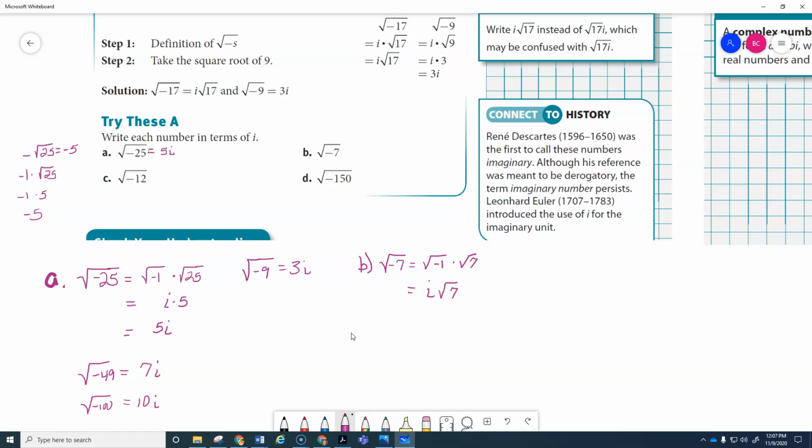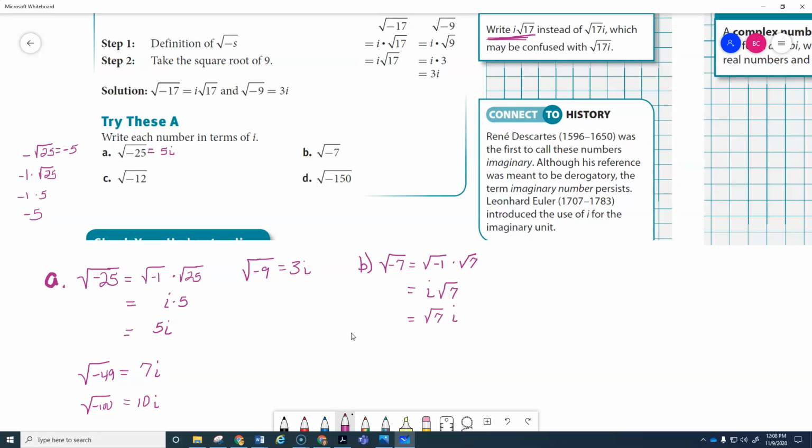Right here, we're actually going to leave the i in front of the square root symbol, and it explains: write the i in front of the square root instead of behind, because it can be confused when we put that i behind the square root. We want to make sure that we understand that the i is not underneath the square root.